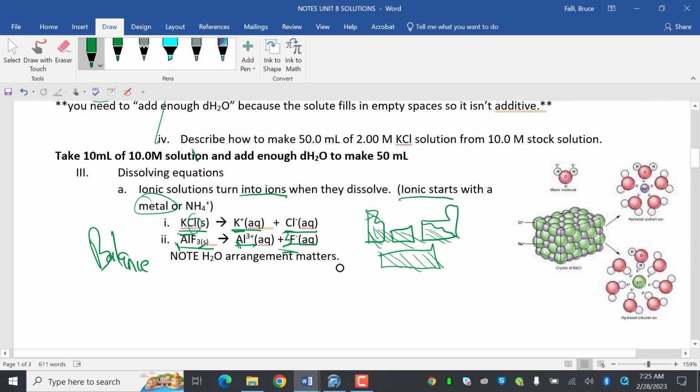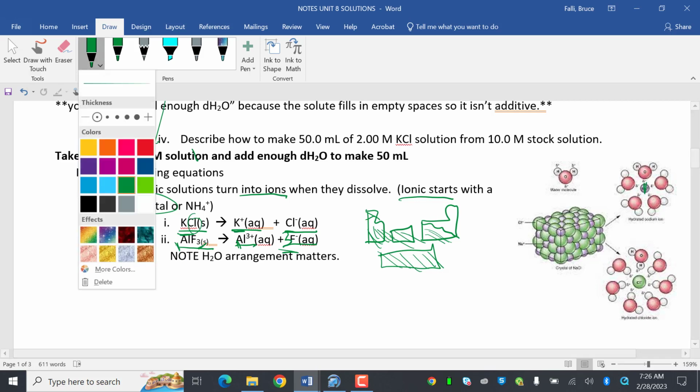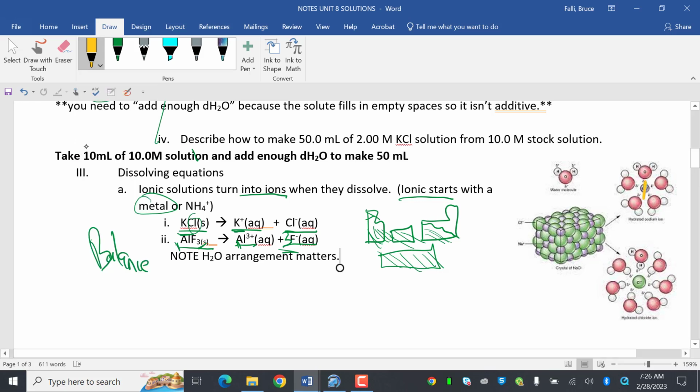Also, when these dissolve, it's going to split into 2 pieces. This is my positive ion. This is positive. So notice the negative end of water, the chin of Mickey Mouse, is attracted to it.